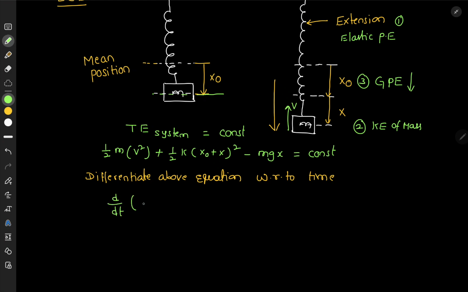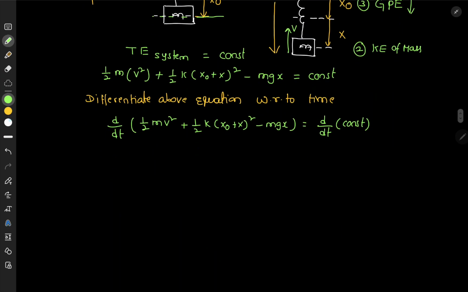d by dt of half m v square plus half k (x naught plus x) whole square minus mgx equals d by dt of constant. Now what are we going to write?